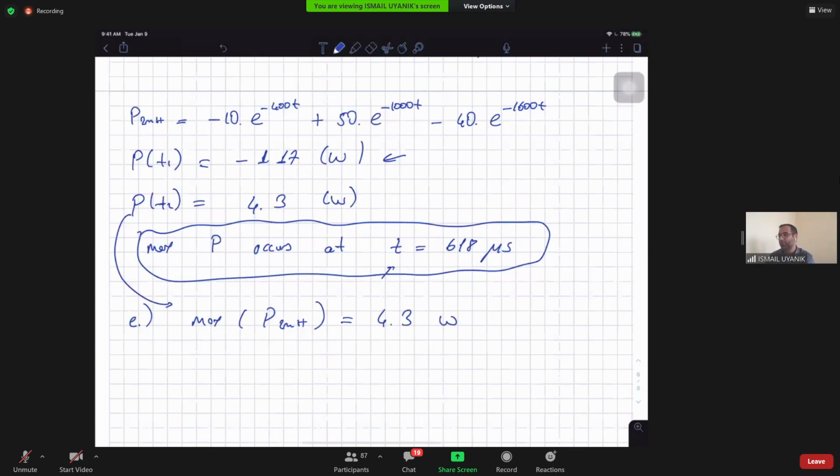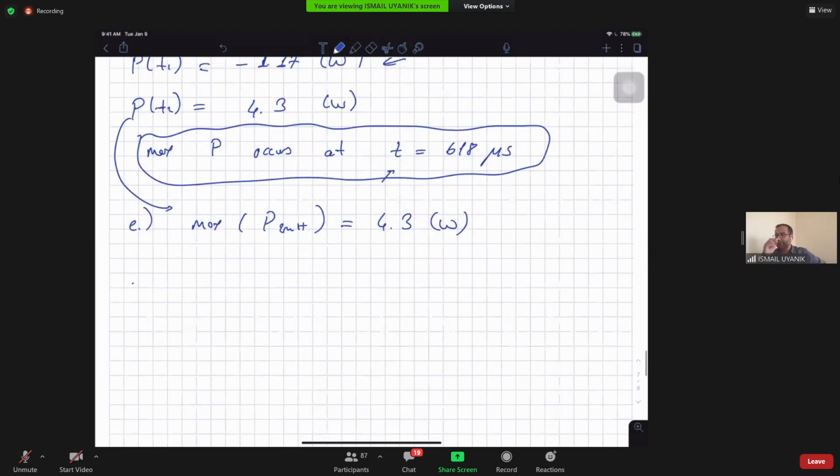Okay, that is already done. The next one asks, what is the t when energy is maximum? Okay, this is very nice. And then it also asks for the maximum energy, so we need to calculate both.